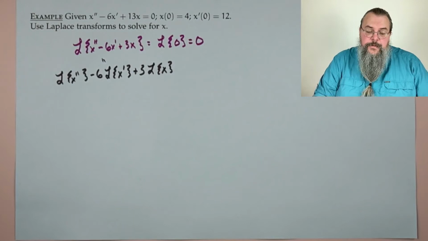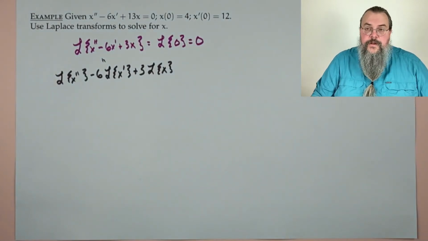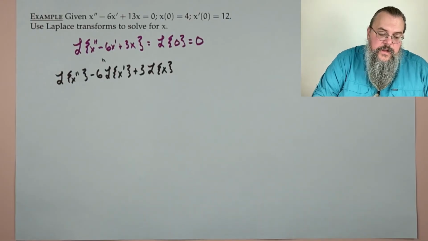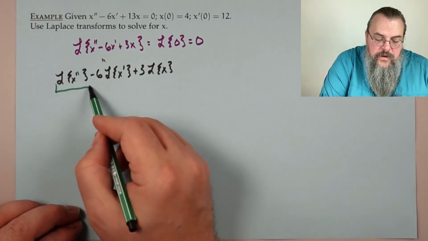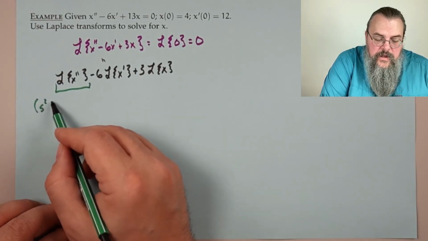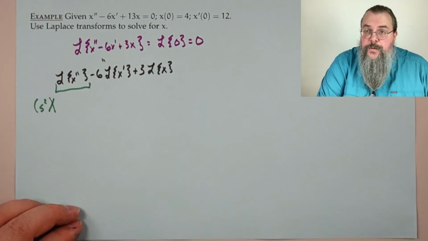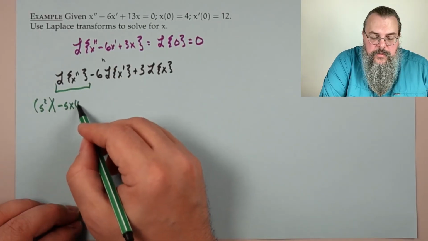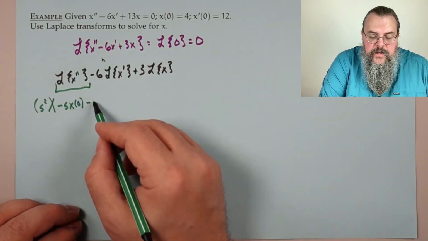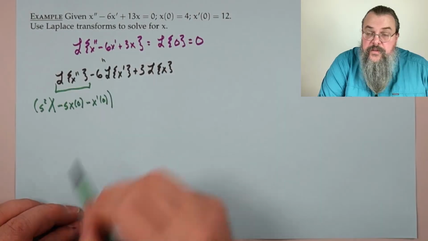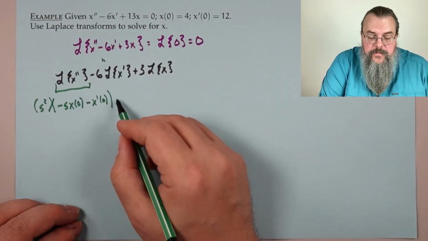Okay, so after we've pulled things apart, we're going to work on each individual expression. The second derivative is the same as s squared capital X, which is what we're trying to solve for, minus s times x of 0, minus x prime of 0. We'll fill these pieces of information in just a moment.